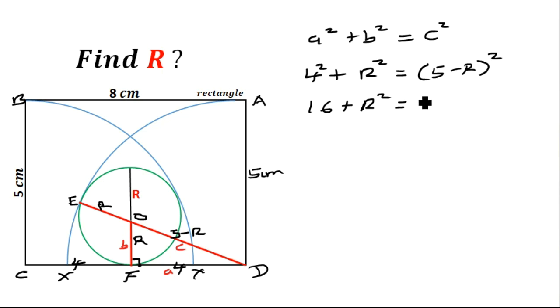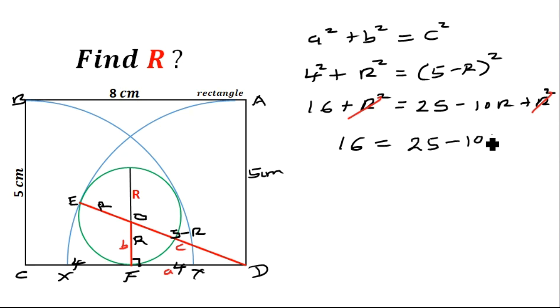When you expand that, you will have 25 minus 10R plus R squared. Now, positive R squared will cancel on either side of the equation. So what do we remain with? We will remain with 16 on the left hand side equal to 25 minus 10R.